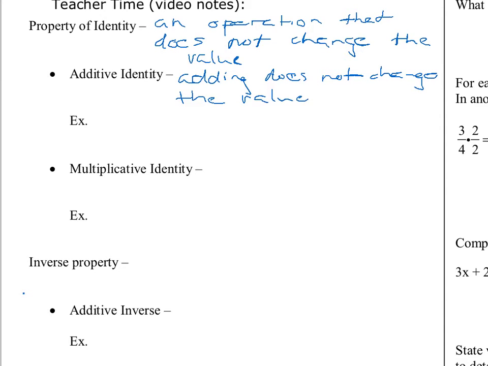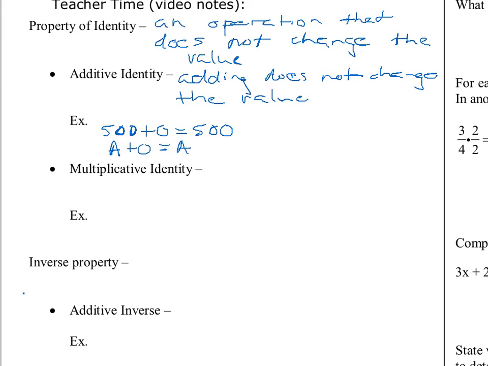Kevin. 500 plus 0. 500 plus 0 equals? 500. Now, if I wanted to make this more general, I could replace that 500 with any number. A plus 0 is going to be equal to A.